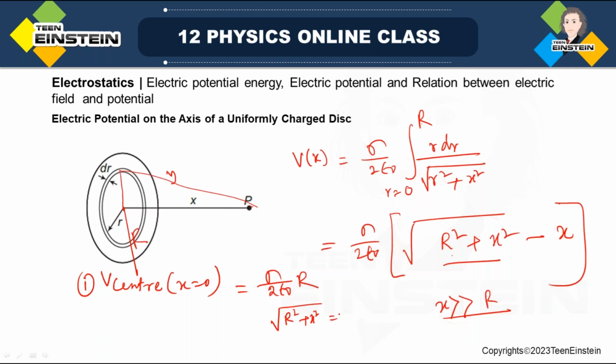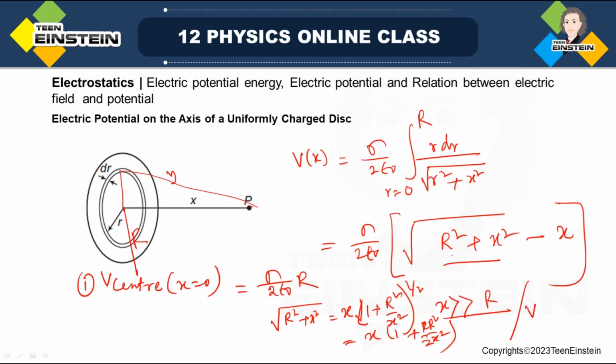So this will be 1 plus R square by x square whole to the power half. Up to first approximation, 1 plus half of R square by x square.